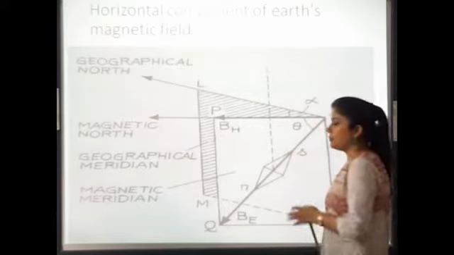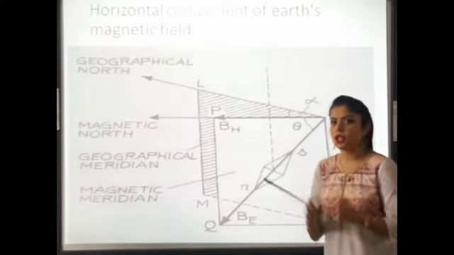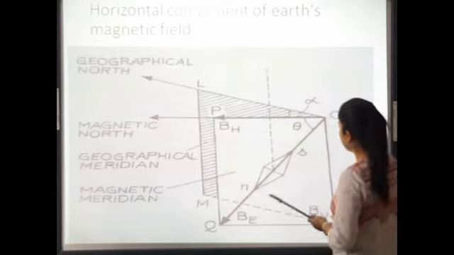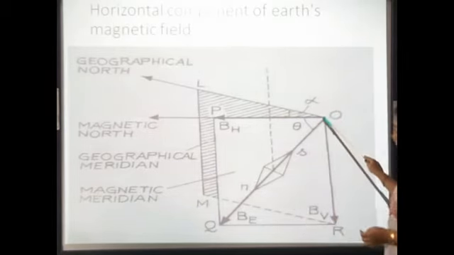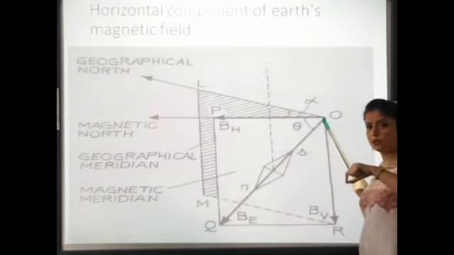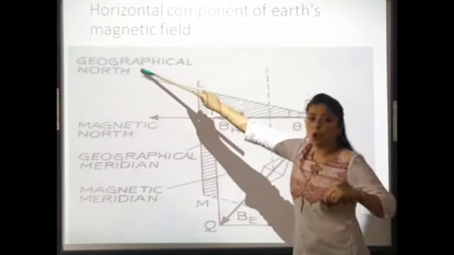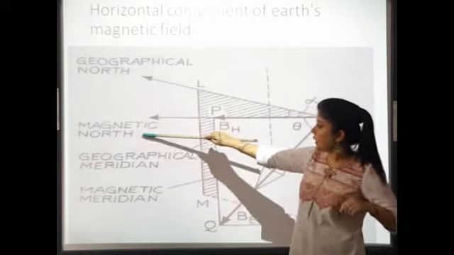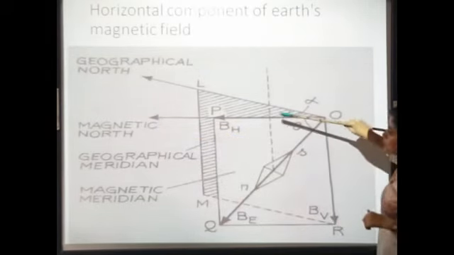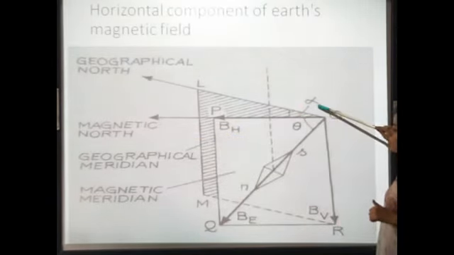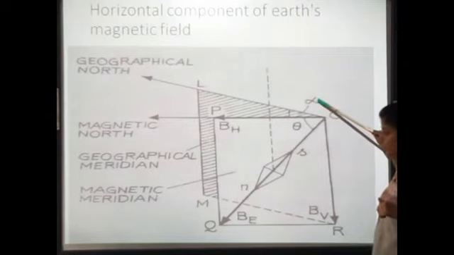Now, this image is a cross section of the Earth. Suppose this O over here is the equator, middle of the Earth. This point is the geographical north. This point is the magnetic north. Angle between geographical north and magnetic north is alpha, that is angle of declination.